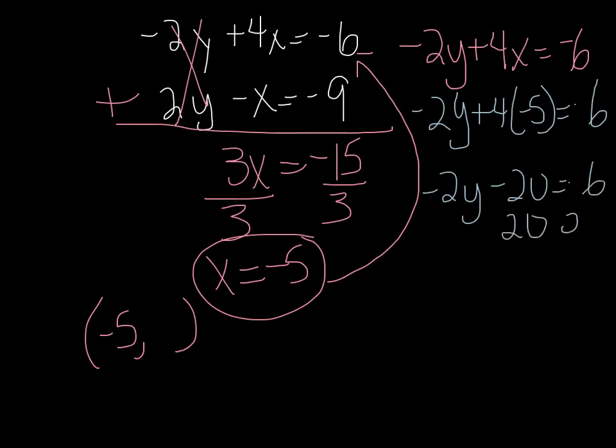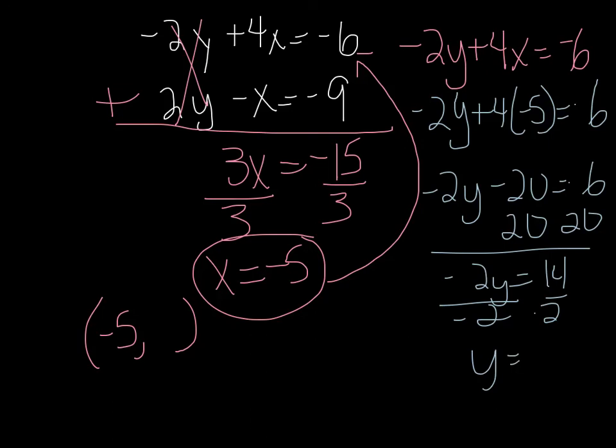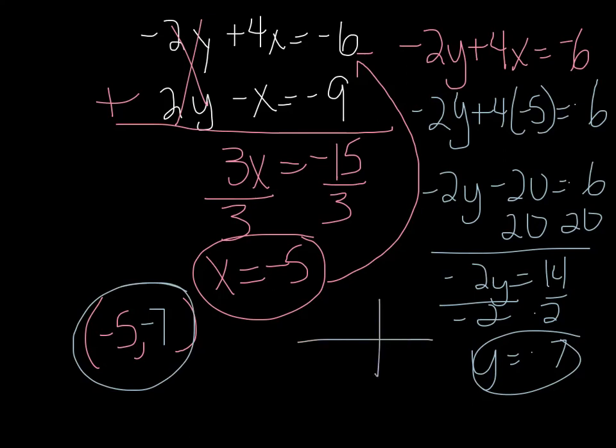So add 20. Negative 2y equals 14. Divide by negative 2, and I get y equals negative 7. So my answer is negative 5, negative 7. If I graph these two lines, they would meet at negative 5, negative 7. They would meet somewhere down there.